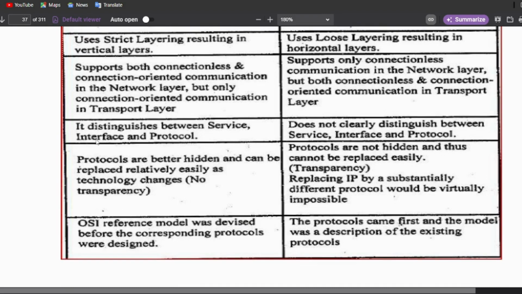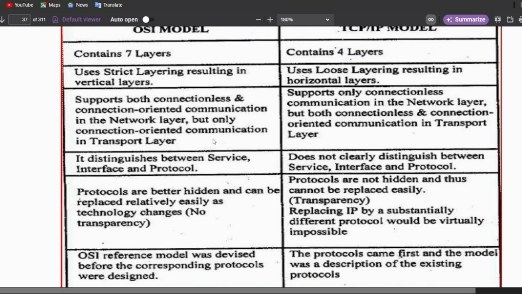Now, the OSI model distinguishes between services, interfaces, and protocols. We know services are different, interfaces are different, protocols are different.